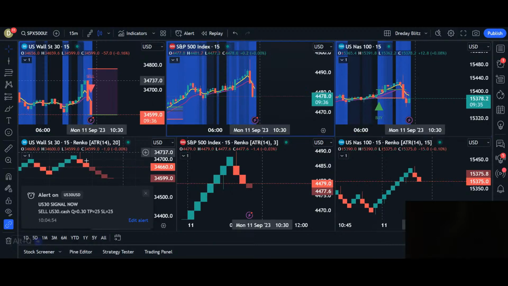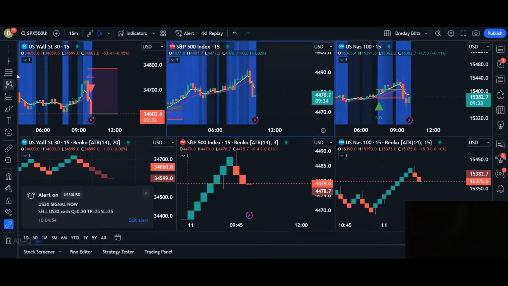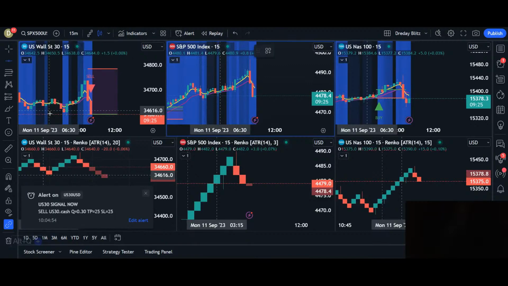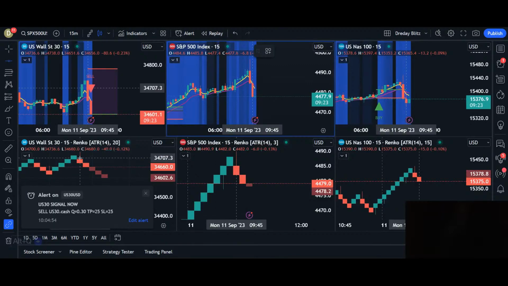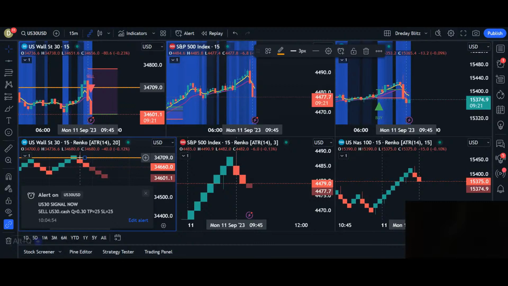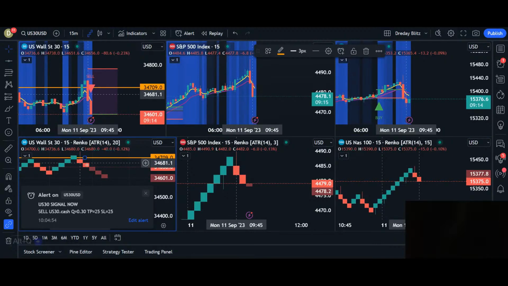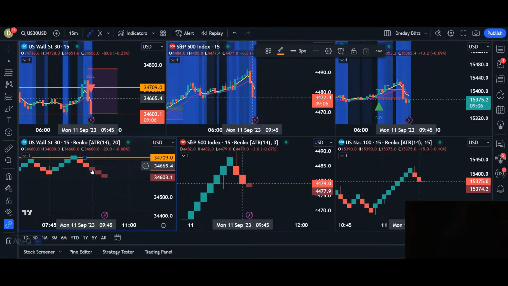So your stop loss, I'll show you exactly where I would put my stop loss on that trade. You put a horizontal line. So stop loss will be here. Like I said, it's the Renko bar before the one that is fully completed.